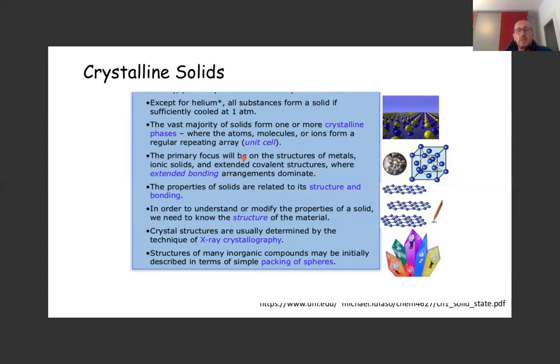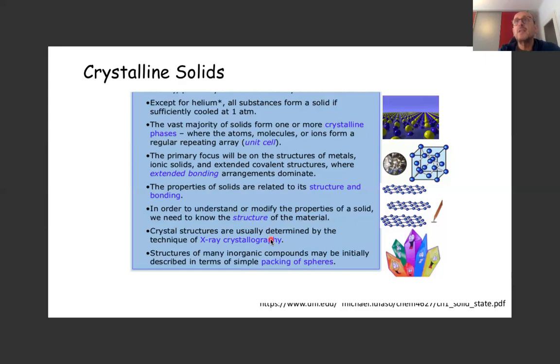So in general, these are the structures of the material. How do we know this? We have a tool for it, which is X-ray crystallography. We use the diffraction of X-rays, similar to the diffraction of electrons that we saw a few lectures back, to understand the details of the distances inside a solid.